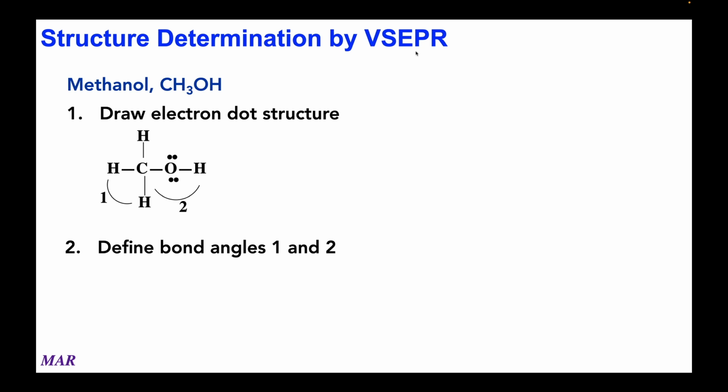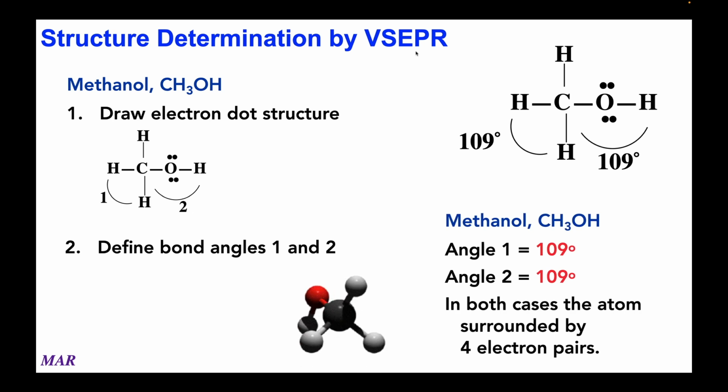Now, you can go farther, though, because anything that's tetrahedral should be about 109 degrees. So if someone asked you what the H-C-H angle was, angle 1, or the H-O-C angle, angle number 2, well, both of those are tetrahedral geometries. And so both of those would be about 109 degrees. And that's kind of a cool thing to know. So you can actually make predictions.